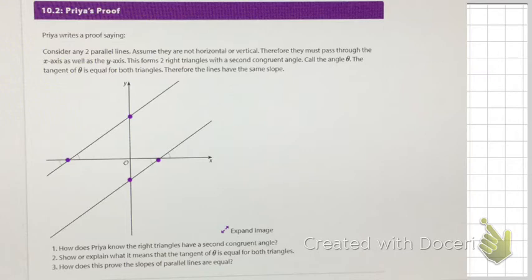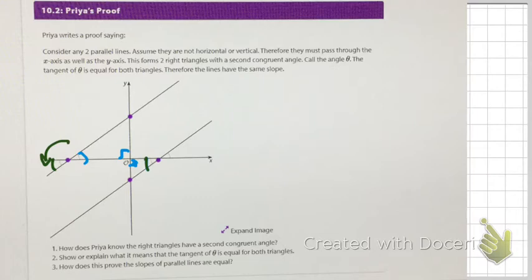We've got two right triangles, and guess what? You have a congruent angle there, which is the right angle. And then this one right here, those are also congruent because they are alternate interiors, or these two over here are vertical, and those are corresponding.